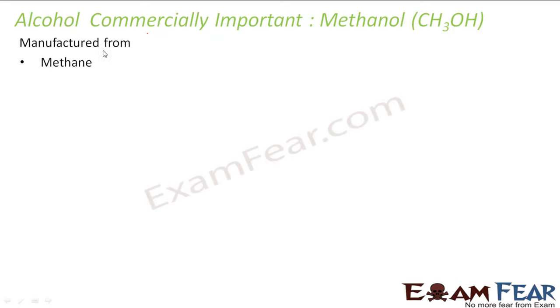Commercially, methanol is prepared from methane by partial oxidation of methane. And methane generally you get from natural gas. So the reaction is you have methane, and this is mixed with oxygen, and it is passed through a copper tube.